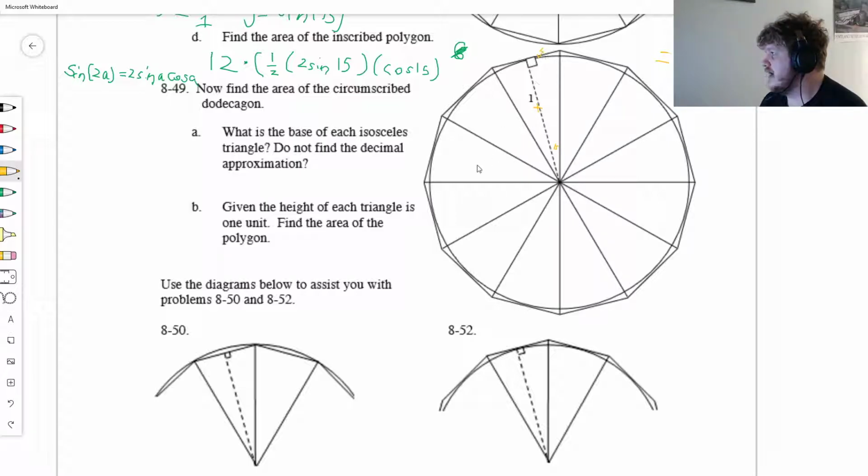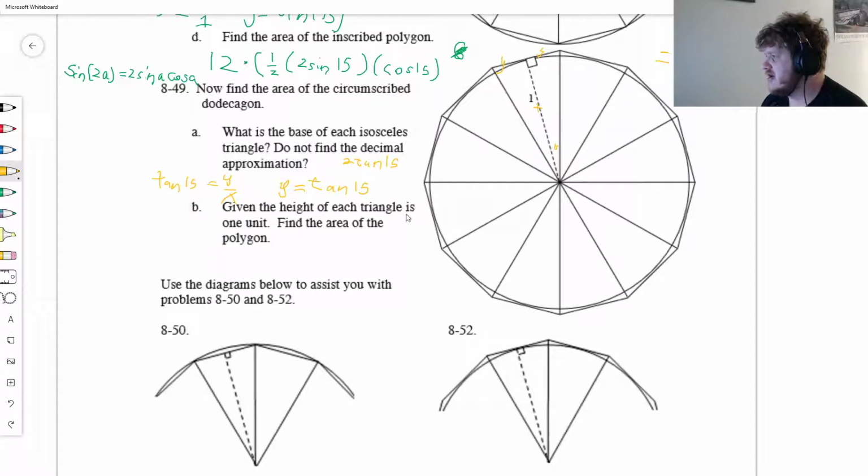If we use our tangent, we would have tan 15 equals y over x, which means y equals, well, x is 1, y equals tan 15. So that would be the length of 1/2 of it, but as in the first example, it would have to be 2y, so the base of each triangle would be 2 tan 15.